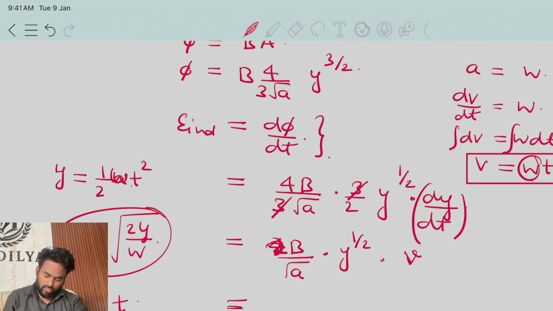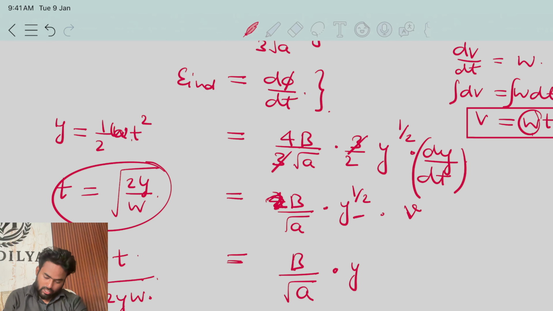Now let's simplify this formula. Here we have y power half, that's okay. Instead of velocity we can write root 2yw.